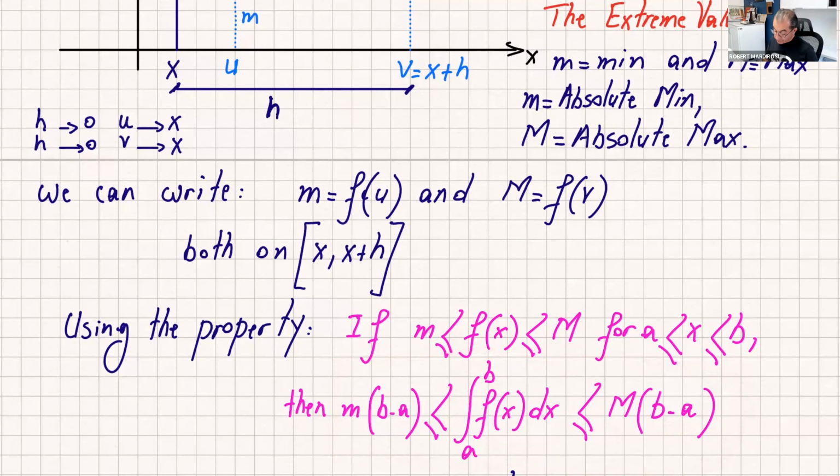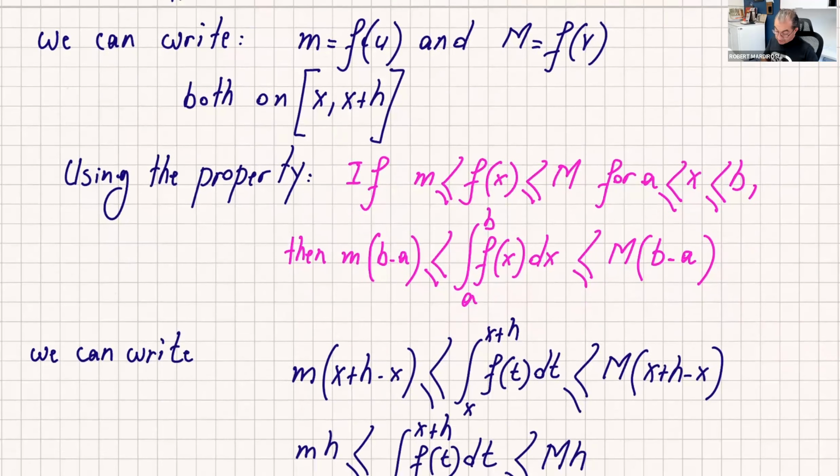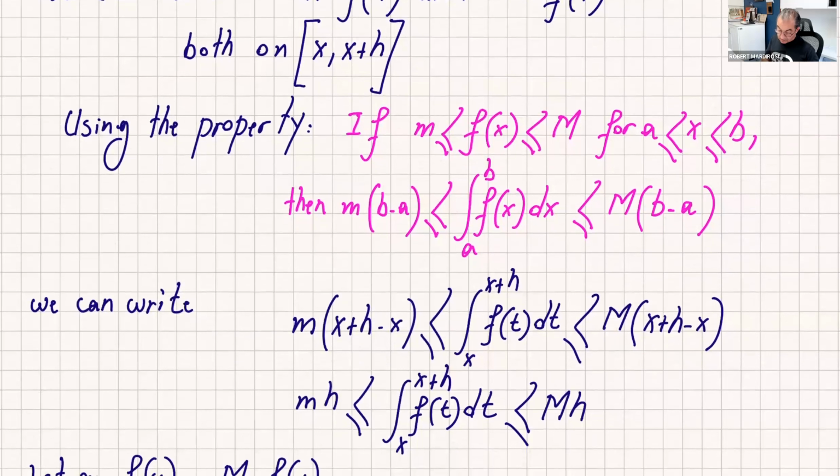So I can put our integral between m times x plus h minus x, because our limits are x plus h and x, and big M times x plus h minus x. So basically x is cancelled, and you have little m times h and big M times h.